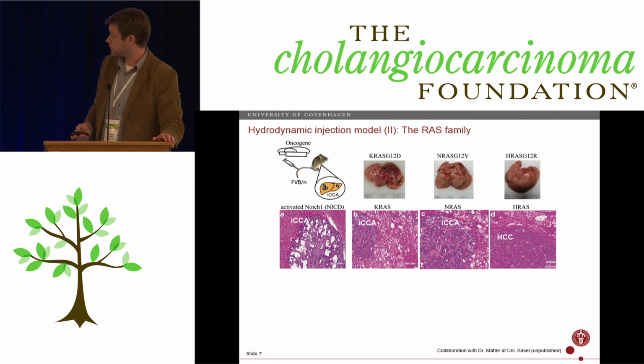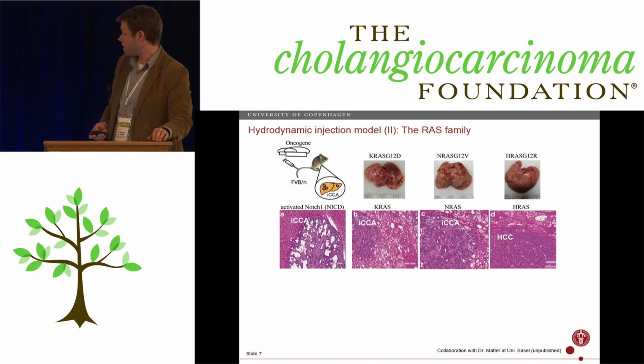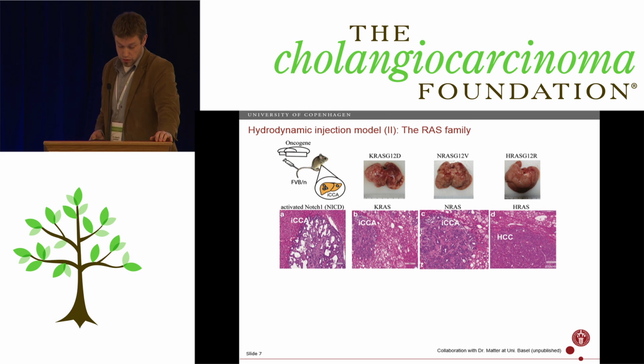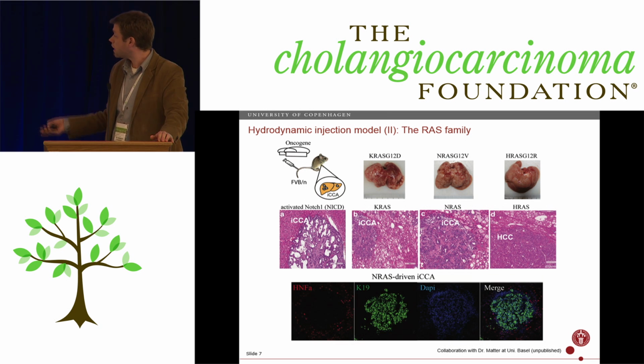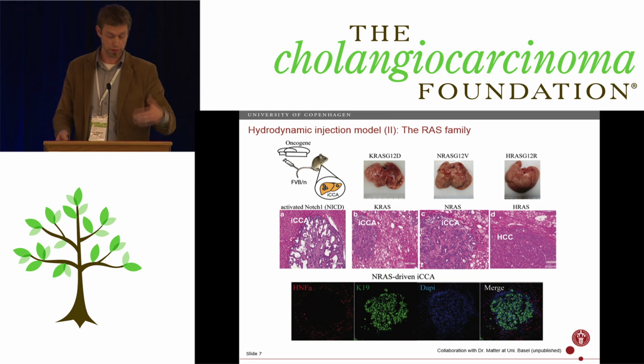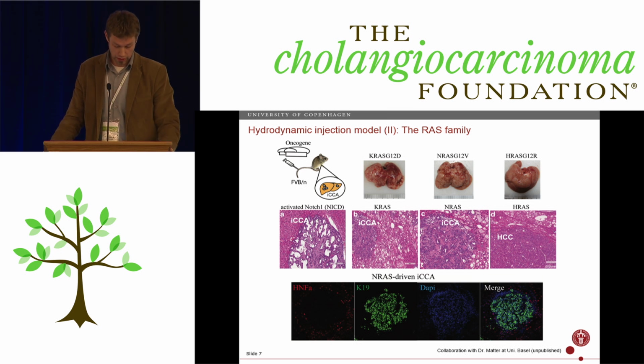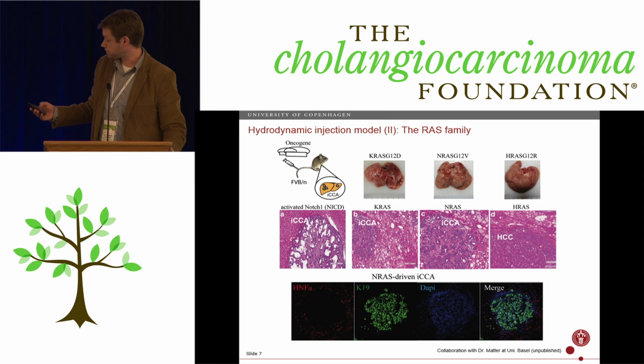However, this is data from our lab in collaboration with Dr. Matter at the University of Basel. We looked into the RAS family, both KRAS, NRAS, as well as HRAS, and used activated NOTCH as a control. It was already published, giving intrahepatic cholangiocarcinoma at 100%, whereas these models are not 100%.